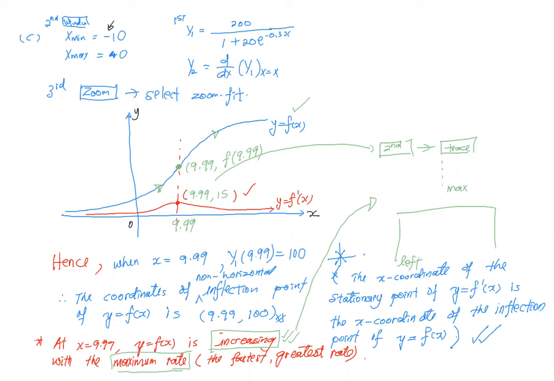So when we want to decide what word to use and we refer to the graph, we have to know what we have to look for. I use increasing because the y equals f(x) graph is going up. You see, going up, I draw the arrow here, going up. Got it? Okay, done.